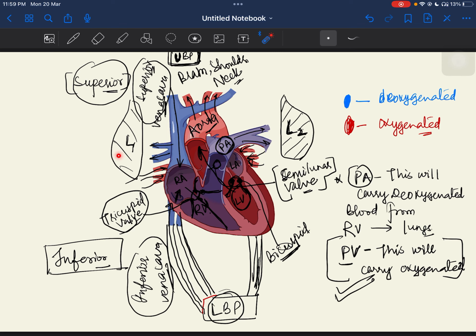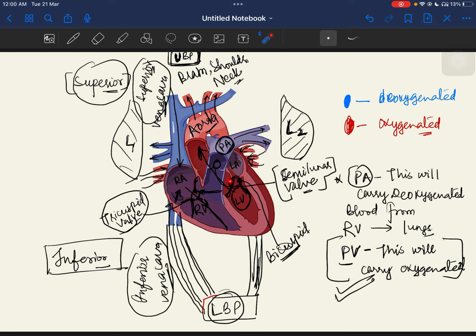And the same from L1, the blood is pumped into the heart through the pulmonary vein. Now the blood from the lung will come into the left atrium. The pulmonary vein will empty the blood into the left atrium. Here is the left atrium. Now the blood from the left atrium will flow into the left ventricle through the bicuspid valve.